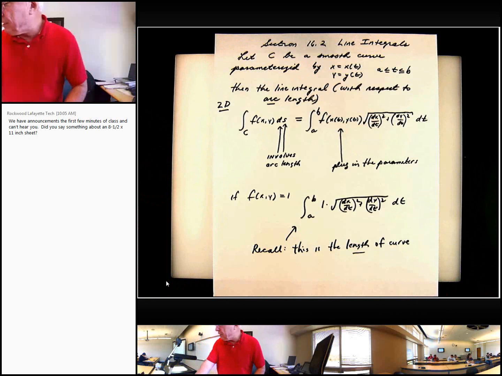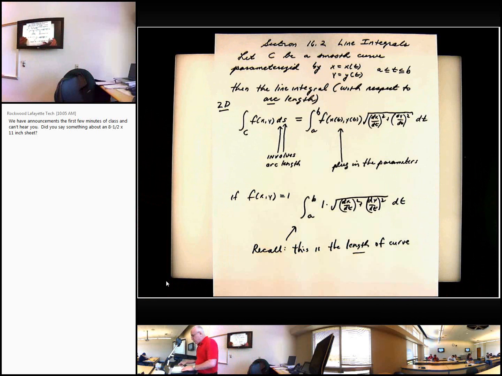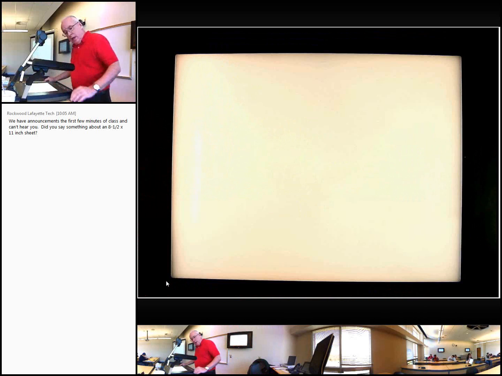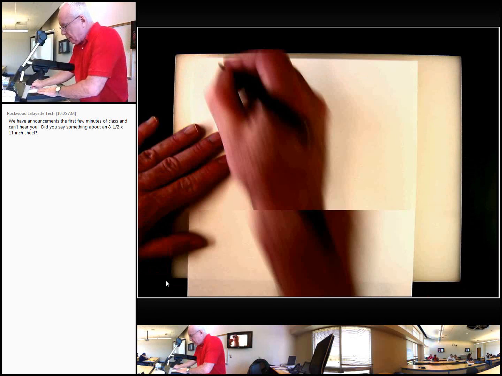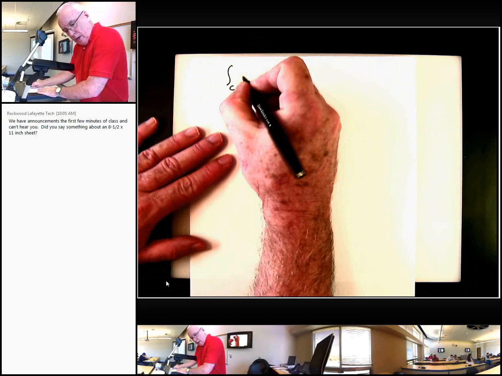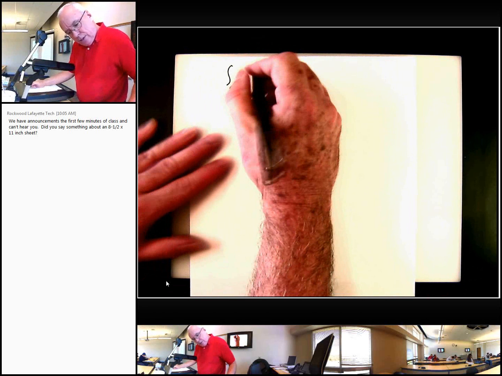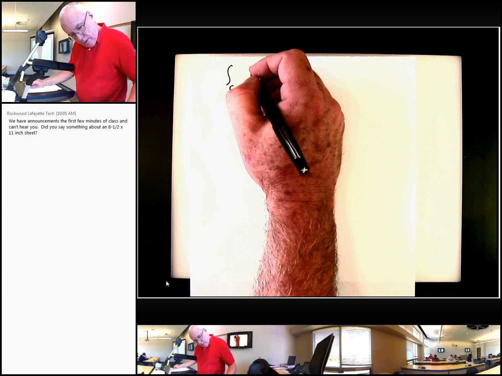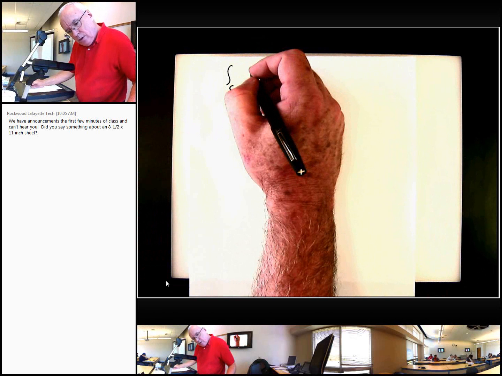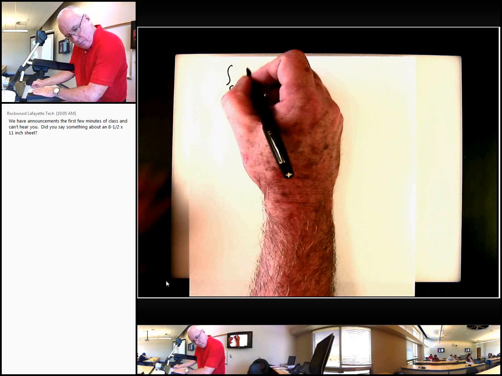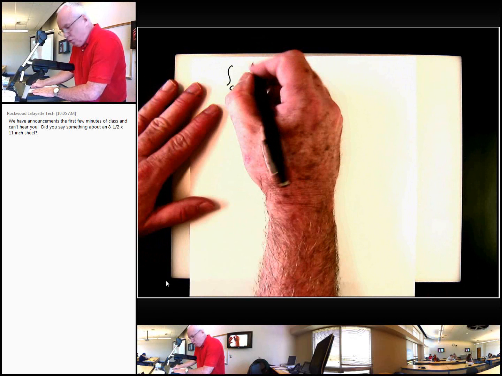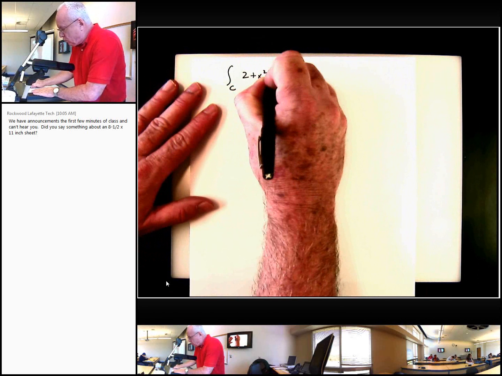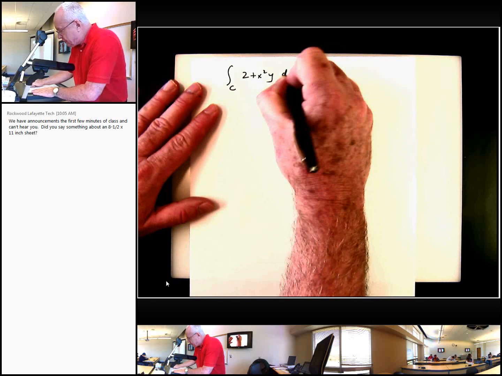So I want to do an example here to show how this works out. What we're going to evaluate is the integral over C of 2 plus x squared y ds, all right?